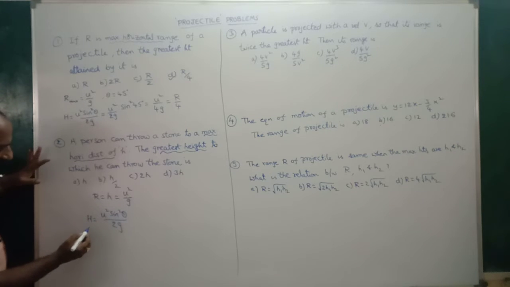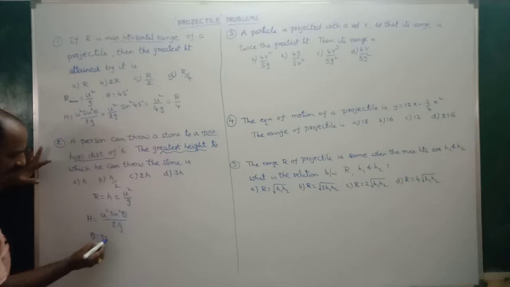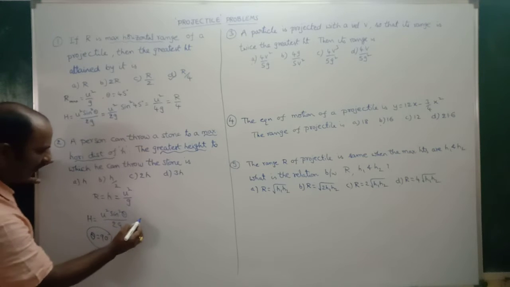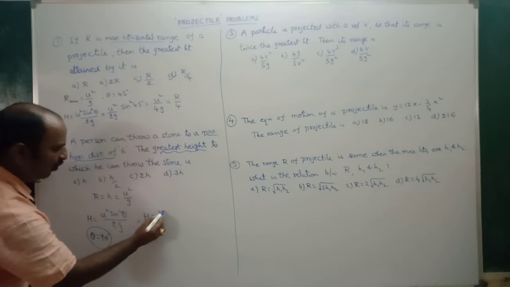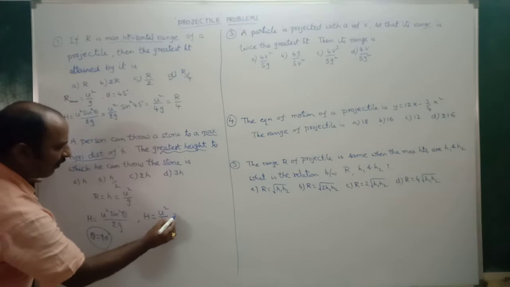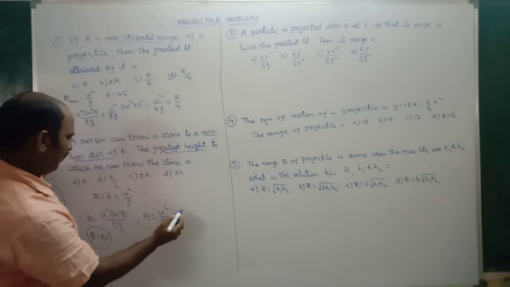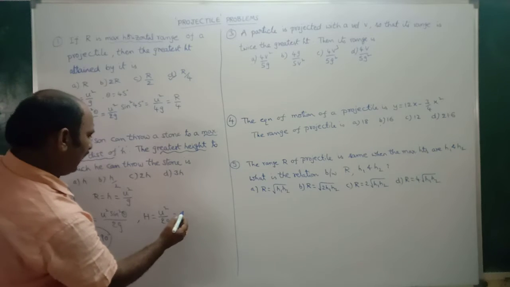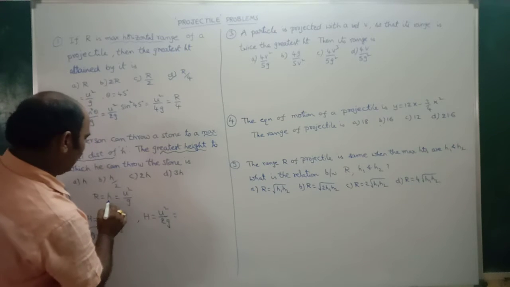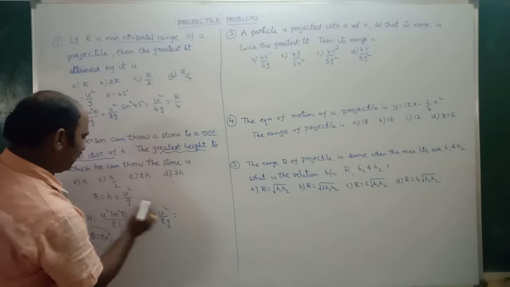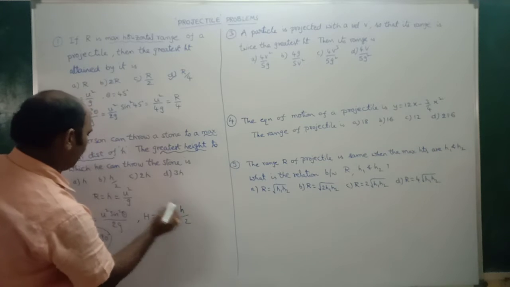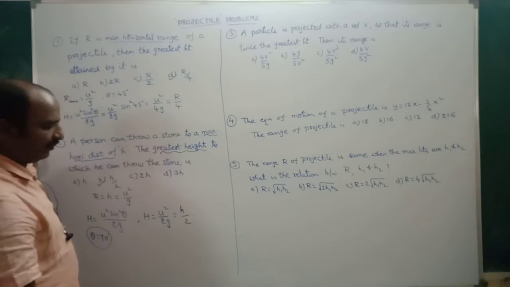If h is maximum, theta value becomes 90. That's why h is written as U square by 2g. You know U square by g value is R, so we write U square by g is h. So h by 2 is the option B.